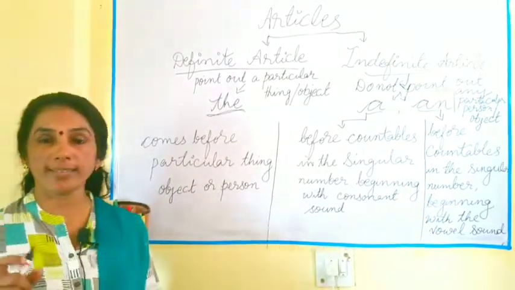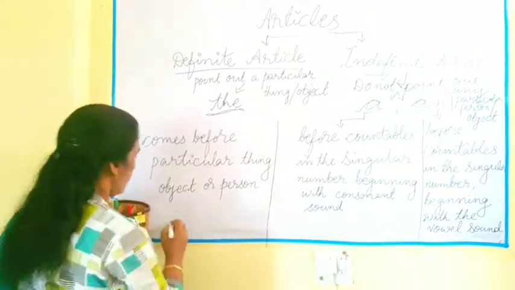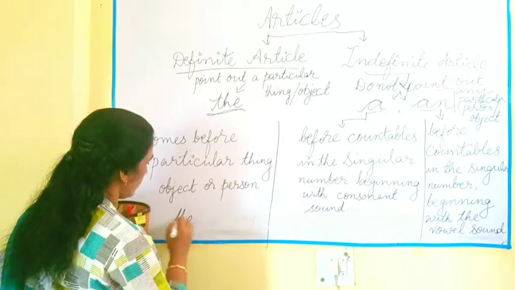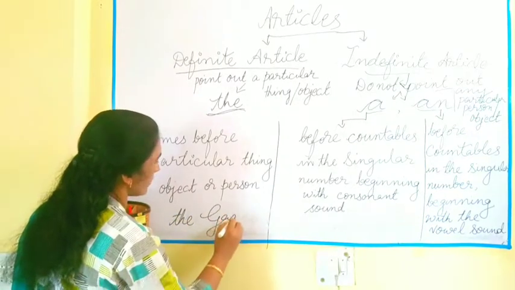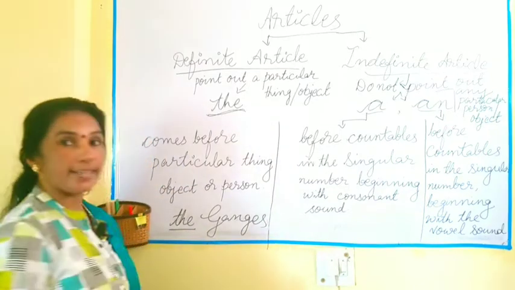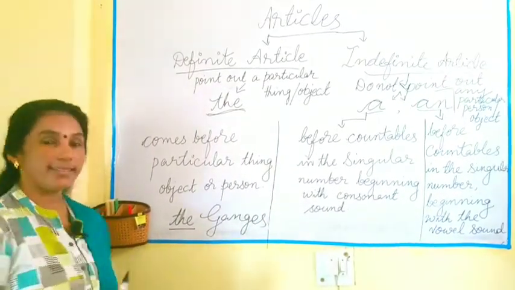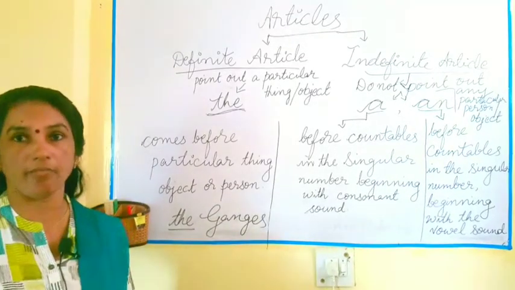And we use it with both singular and plural nouns. For example, the Ganges. Here the definite article is the, and Ganges refers to a holy river.